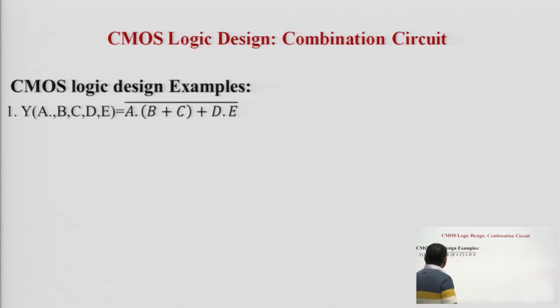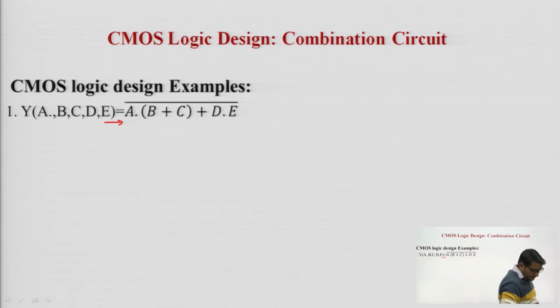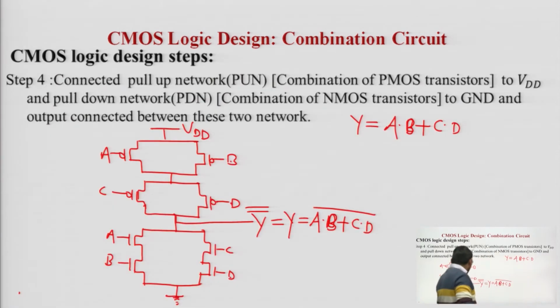We consider an example, A dot B plus C plus D dot D. Simplest, we move from left to right. In the previous example we see this is the dual network: in PMOS, A and B are connected in series, so in the NMOS network they are connected in parallel, or shunt manner. C and D in NMOS are connected in series, so in PMOS they are connected in parallel.